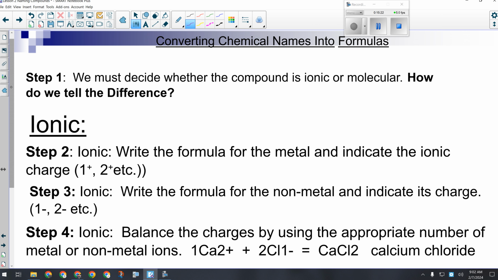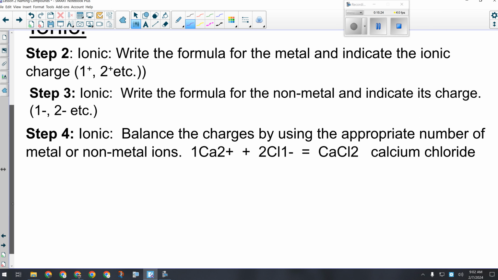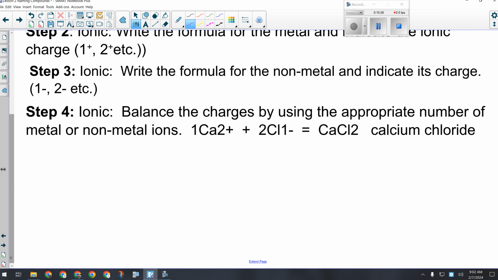All right, so let's say I give you this one here. Okay, so we'll walk through this one as an example. All right, so is that ionic or molecular? It's ionic. Rubidium is in group 1.